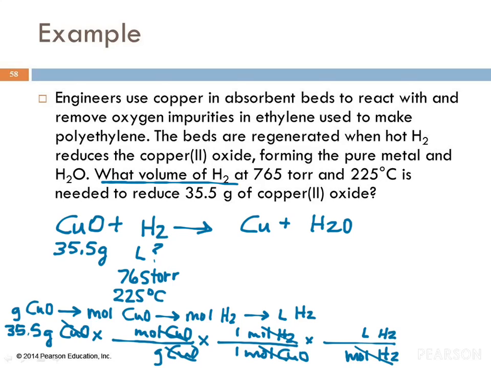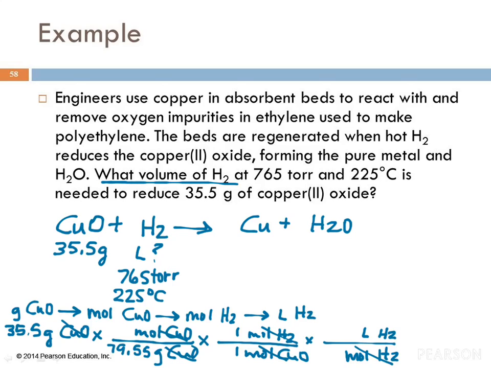Grams to moles for copper oxide, we find the mass of copper, 63.55, and we add the mass of oxygen, 16. And so the molar mass for that one is 79.55. And then we're left with that last term.